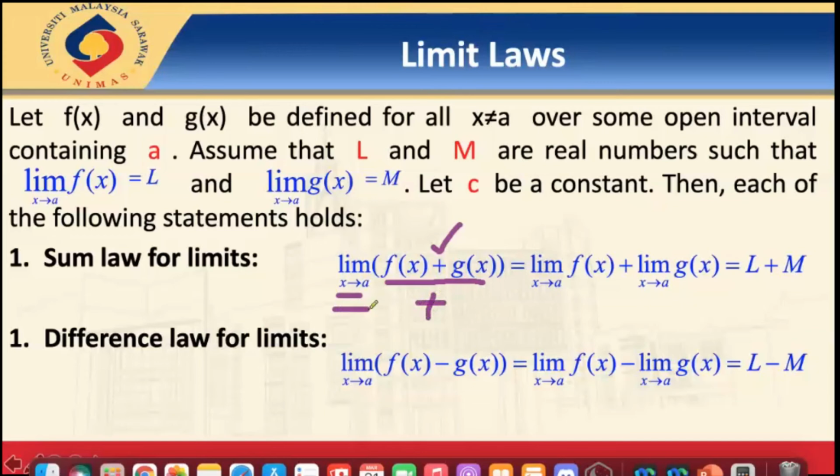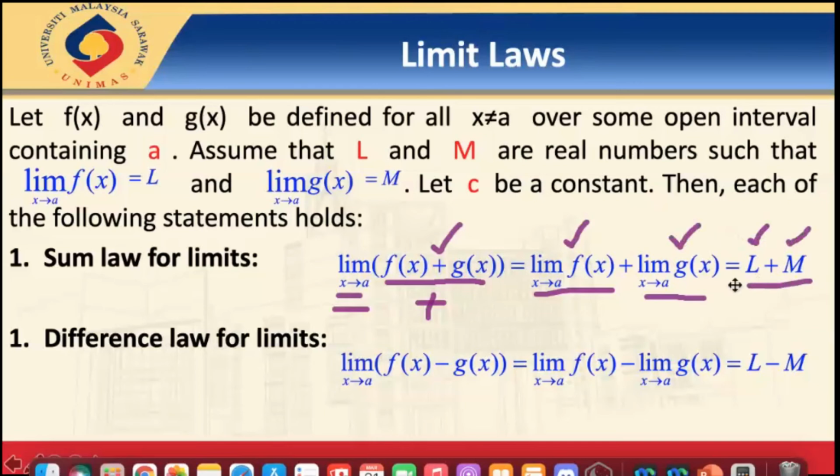This is equal to the individual limit of f of x plus the individual limit of g of x. This rule is called sum law. Okay, and let's suppose this function will result in L, and this function will result in M. Then we can say that the overall output is equal to L plus M.